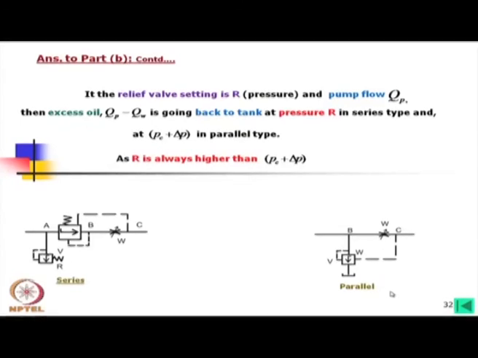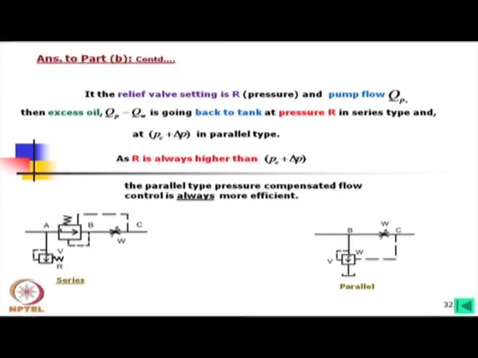On the other hand, this is suitable for low pressure, whereas where the pressure is high as well as the flow is also high, we have to go for the series type valve, irrespective that it has more losses. The parallel type pressure compensation flow control is always more efficient.